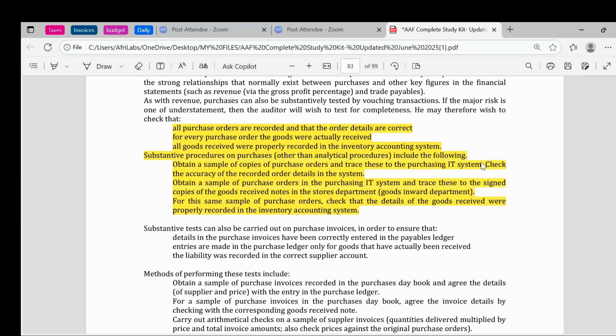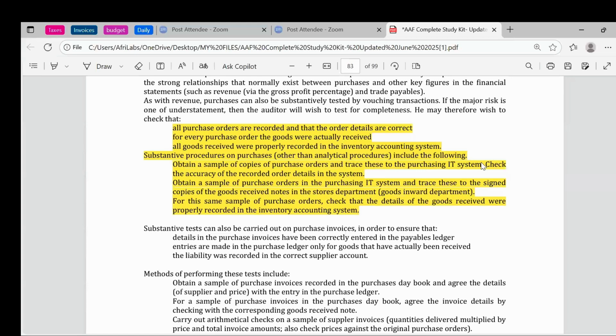Okay, number three. All goods received were properly recorded in the inventory accounting system. Accuracy? Okay, that's also what? Accuracy, right? No, they were properly recorded in the inventory accounting system. Completeness.